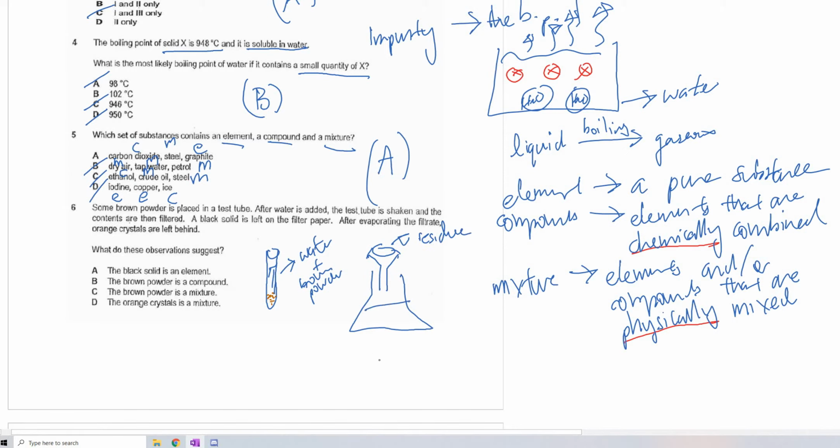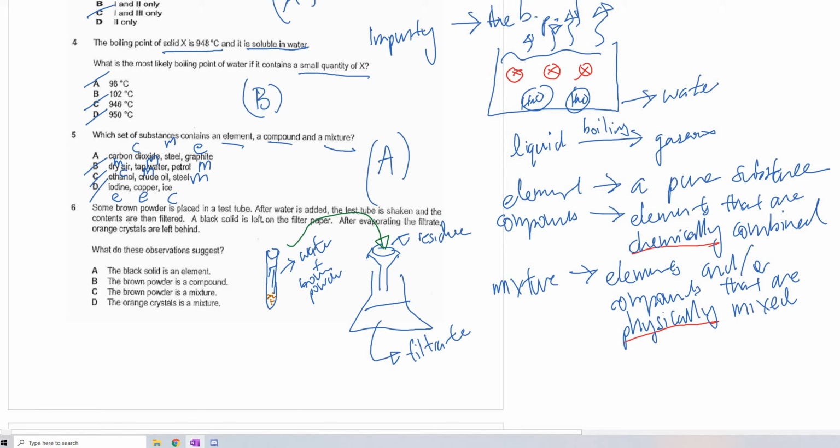Alright, the substance collected in the flask is called the filtrate. Okay, so we are taking this content in the test tube and undergoing filtration.